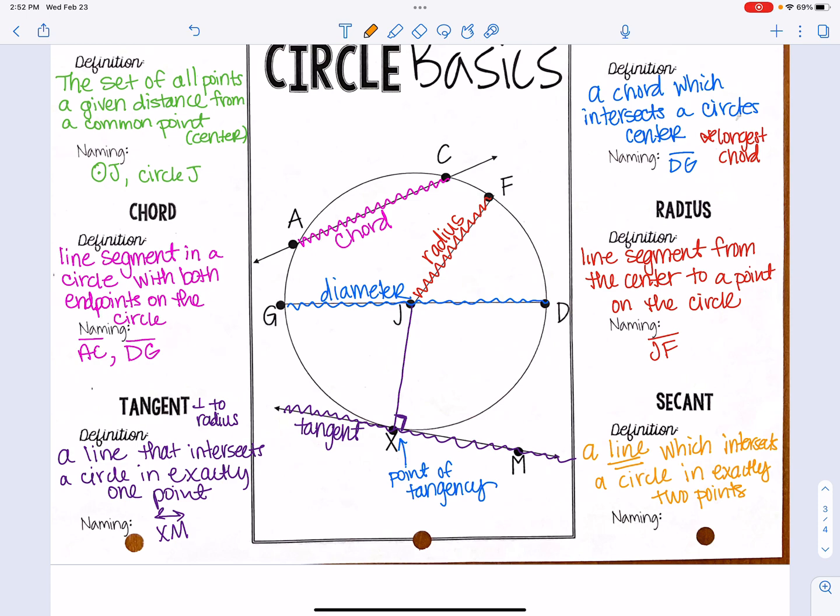So the chord is the line segment that stays inside of the circle, but the secant is going to be this whole line, and it's going to leave and go outside of the circle. So chord is going to stay inside like a diameter. The secant is going to be a line, so it's going to extend out. So we would do AC with a line over it rather than a line segment over it.